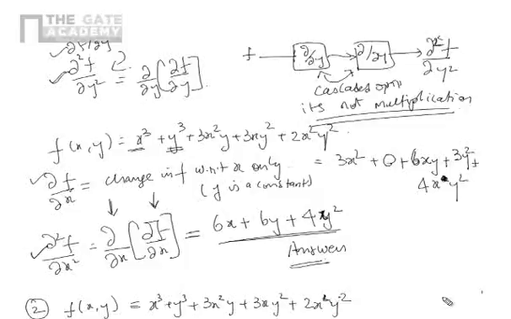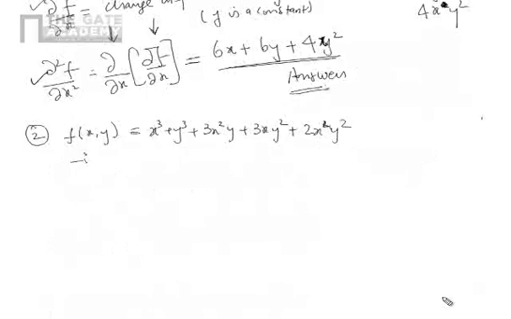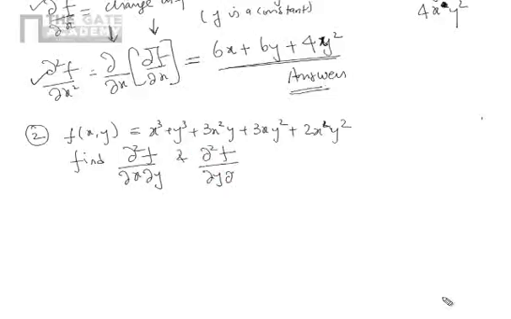This is what we were solving, right? Now let us find ∂²f/∂x∂y and ∂²f/∂y∂x. Find this. Now what do we mean by this? This is the first time we are seeing something like this. Correct? What do we mean by this?